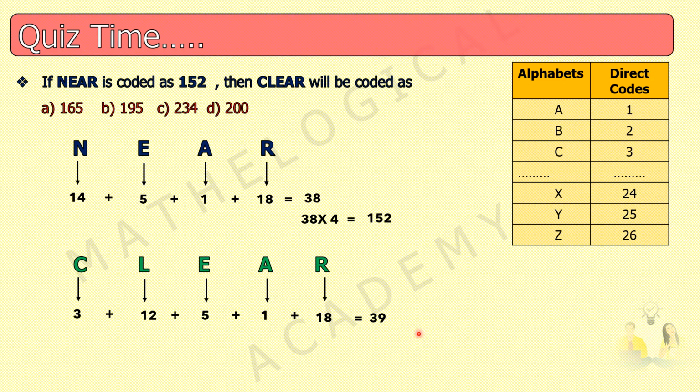Now we multiply it by 4 and check. 39 into 4, we get 156, which is not present in the options. So we look for the other way. That is 39 into 5, 39 into the number of letters in this word. There are 5 letters, 39 into 5, and we get 195, which is B.